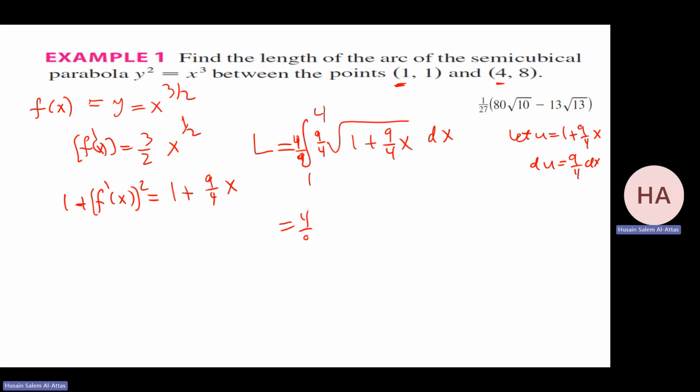So I have 4 over 9 times the integral from where to where? If x equals 1, that will be 1 plus 9 over 4, that will be 13 over 4. If x equals 4, that'll give me 10. So I have 4 over 9, and now this is du, u to the power half du.